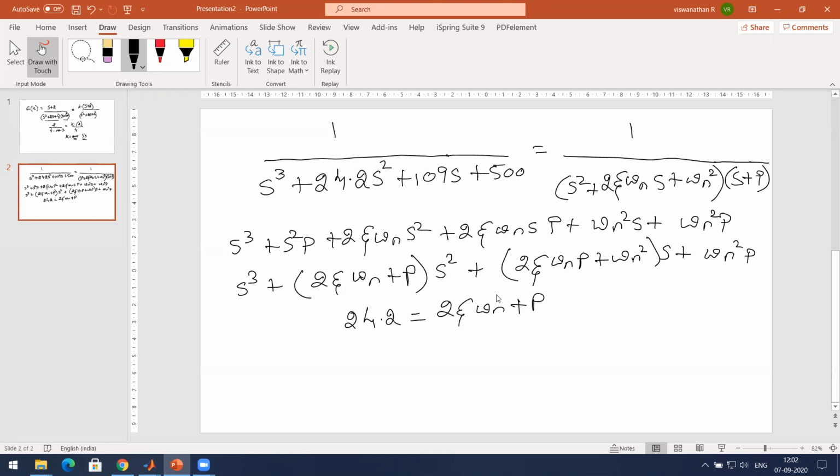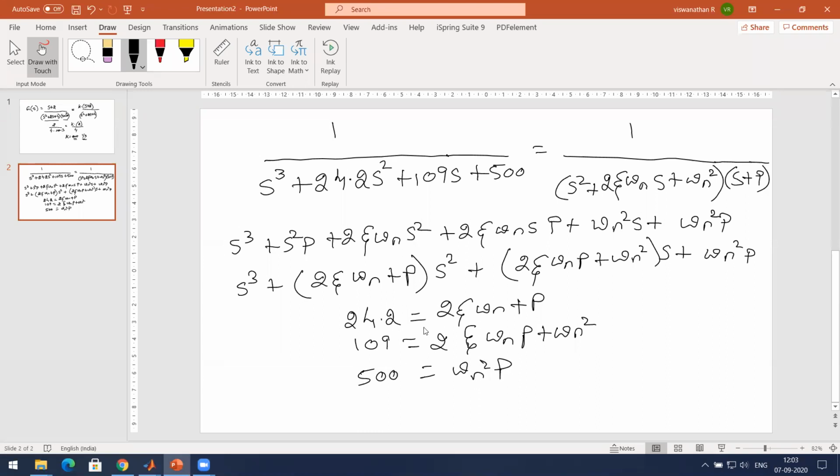Next is 109 s and this term, so 109 is equal to 2 zeta omega n p plus omega n square. Next, what is the next equation? It is 500 300 is equal to omega n square p.